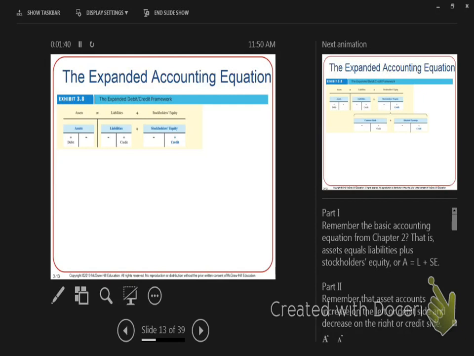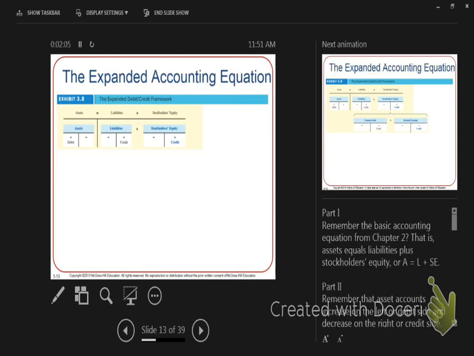So revenue is a positive thing, correct? We want to make revenue. So we want revenue to increase retained earnings. So what balance will revenue carry? If retained earnings carries credit and we want revenue to increase retained earnings, it also needs to carry a credit balance. Expenses are going to decrease retained earnings because they decrease revenue, right?